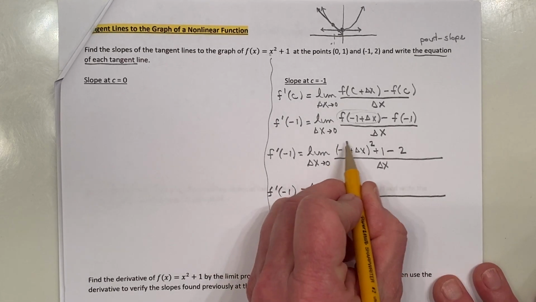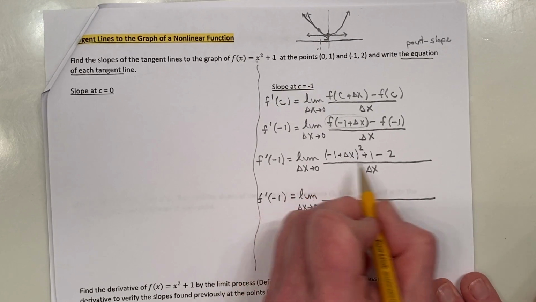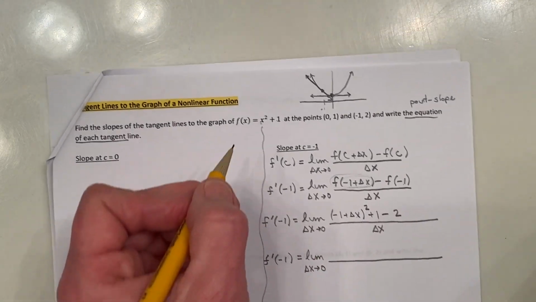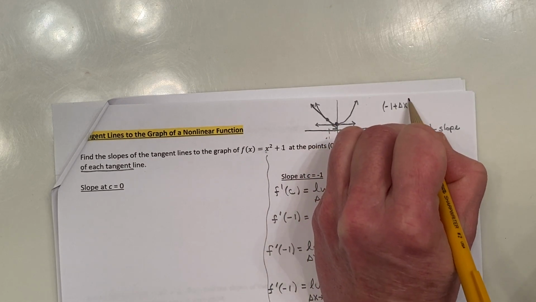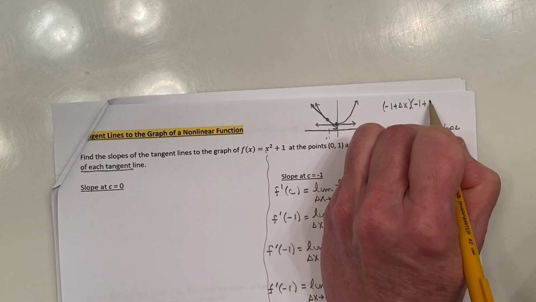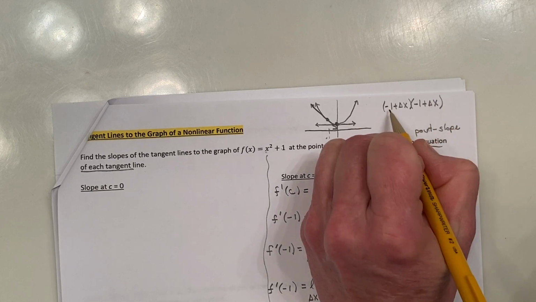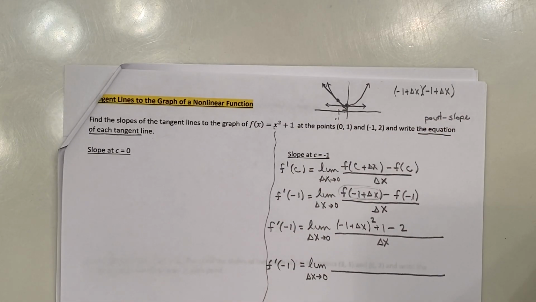I'm going to have to go off to the side and distribute. Where am I going to have room? Maybe up here. Negative 1 plus delta x times itself. Whether you've learned to FOIL this, distribute, or box it, use whatever method for multiplying two binomials.